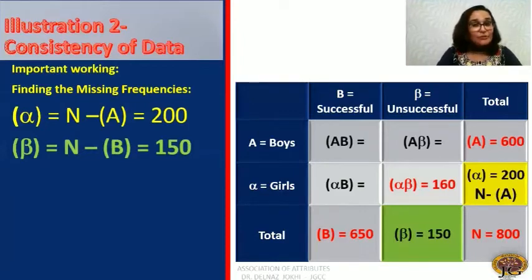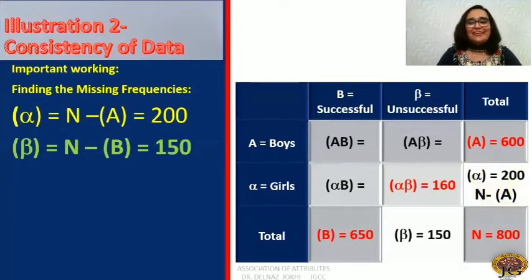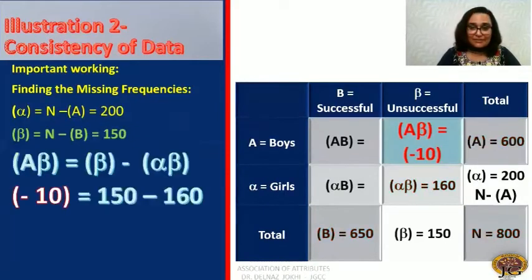Remember I had told you, from the outside total you have to subtract the inside number. So my dear student, now A is 600, alpha 200, N 800, beta 150, alpha beta 160. What happens?